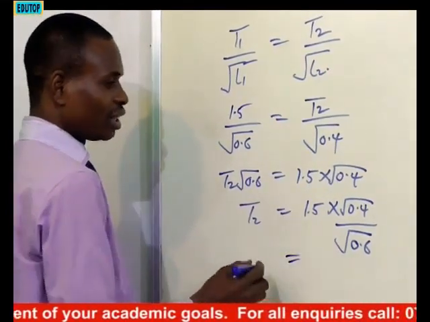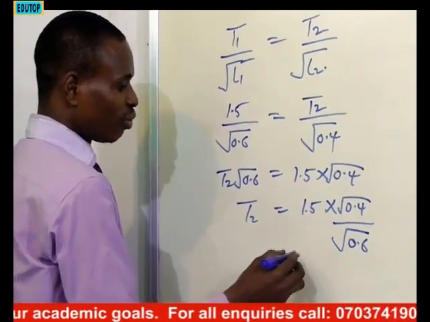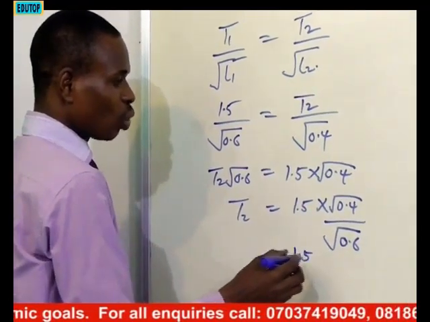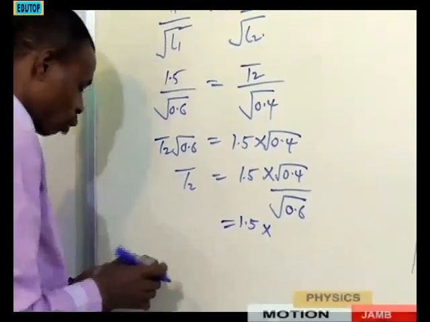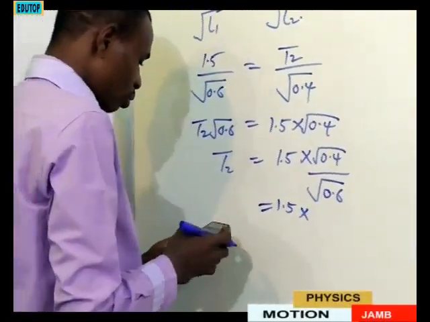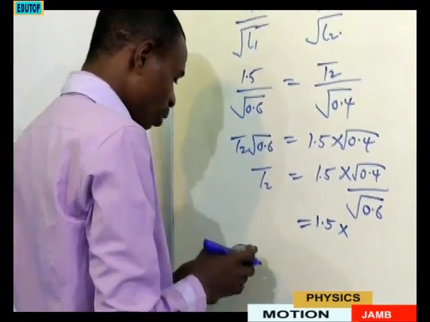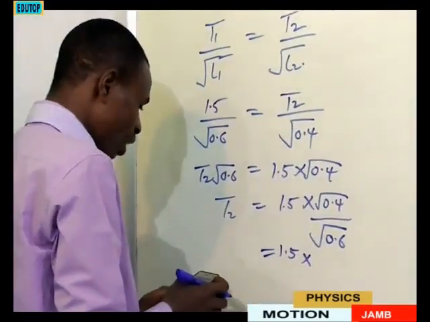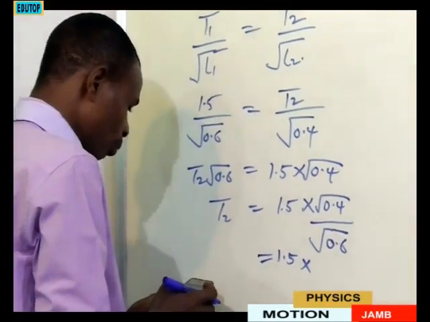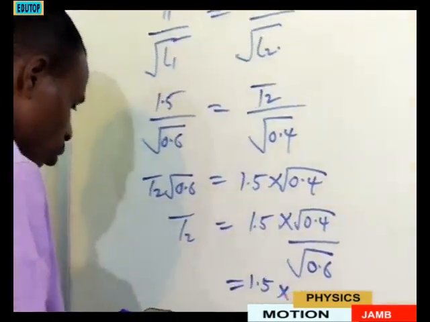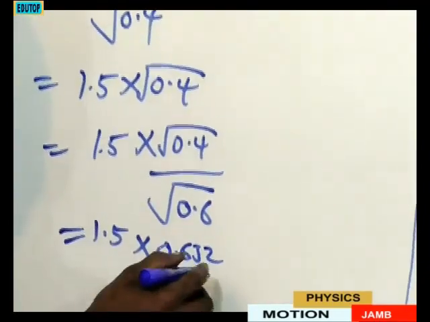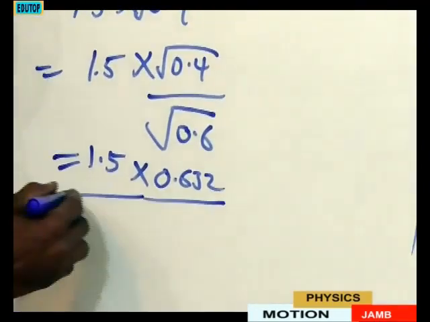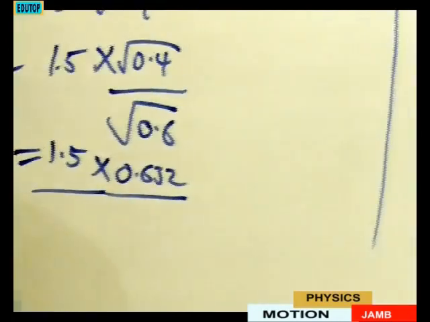So, in this case, we are going to find the square root of 0.4. What will be the square root of 0.4? For 0.4, the square root will be equal to 0.632, divided by the square root of 0.6.